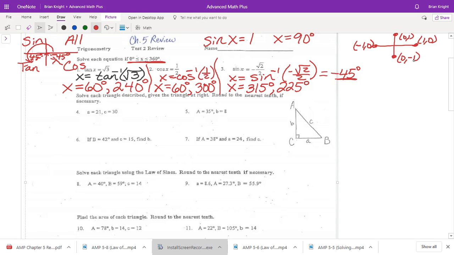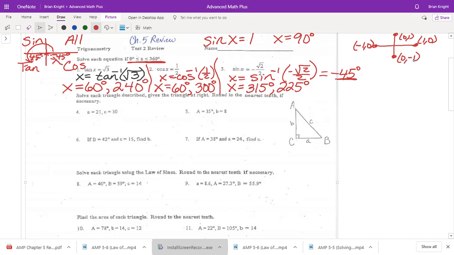So you have to think back to your unit circle. If you remember, sine is y on the unit circle. Everybody remember that? So this is saying y has to be 1. Do you see any of the other points where y is 1? Is y 1 here? Yeah, that's why 90 is an answer. Is y 1 here? Negative 1 is not 1. So 90 is the only answer for that one.